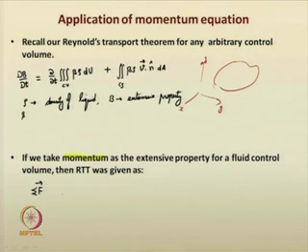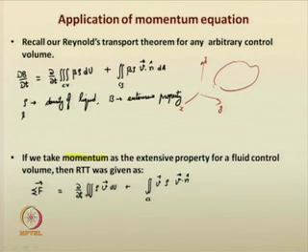So, the first term, that is on the left hand side, the rate of change of momentum is equal to force. This is nothing but equal to dou by dou t of integral of rho first, then velocity, d-u, plus the integral over the control surface of v rho, v dot n dA.